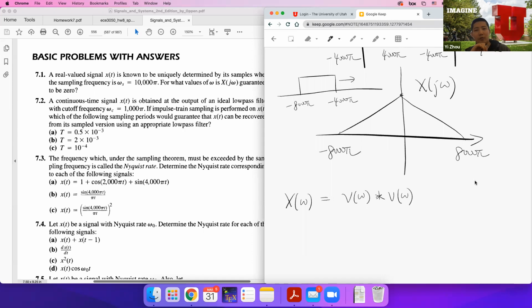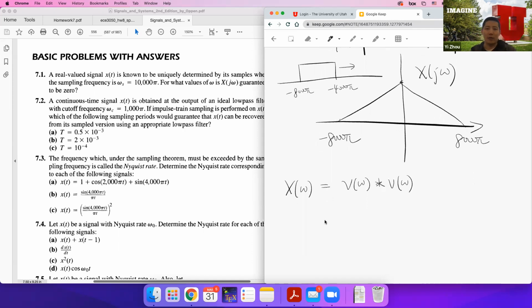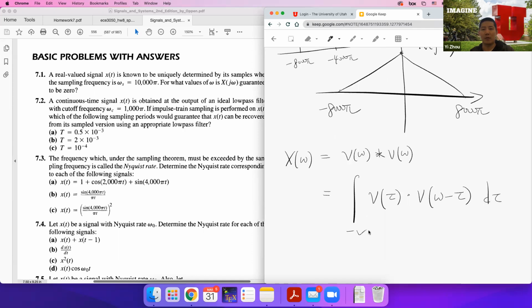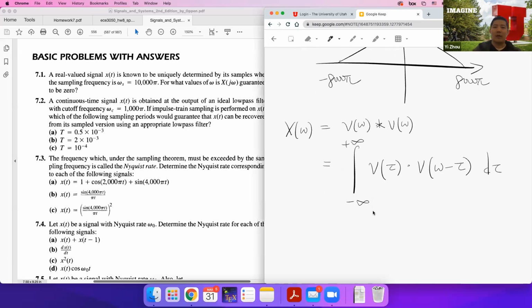But why is this true? If you write down the definition of convolution, it's the integral of V of tau times V of omega minus tau d tau. Now we know each V of omega is constrained within a certain bandwidth.